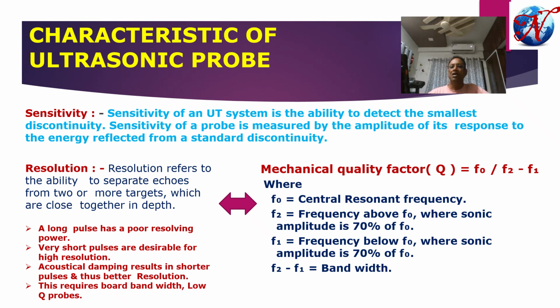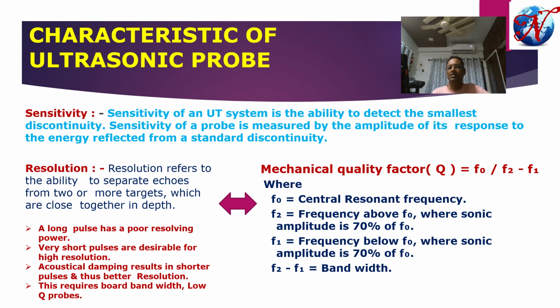In that scenario, the resonant frequency is 4 megahertz, and due to the ringing effect of the piezoelectric crystal, it will ring for a certain time period and produce ultrasound. Considering the 70% point with respect to the F0 intensity, we take F1 at the minus 70% and another at 70% in the rightward direction.